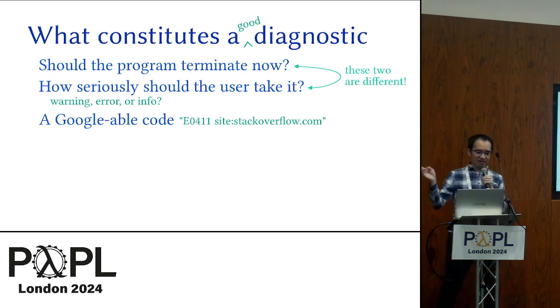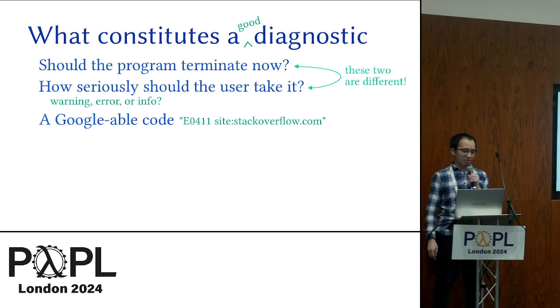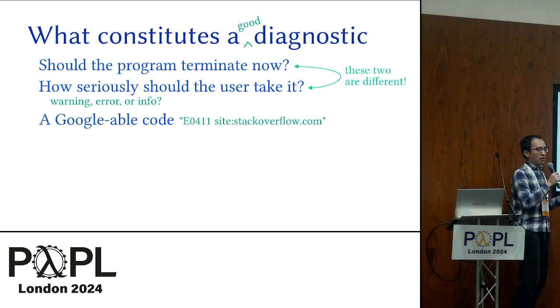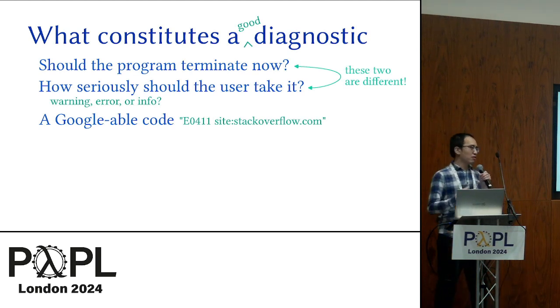Maybe in the near future there will be some website powered by ChatGPT or something like that. But anyway, they're going to have some keywords. So if you can put in some very unique ID that is recognized as one single word by Google or whatever search engine, it will be very helpful for the user to locate the documents. This has been used by Rust and many other languages, and I think that is actually a very good convention to keep.